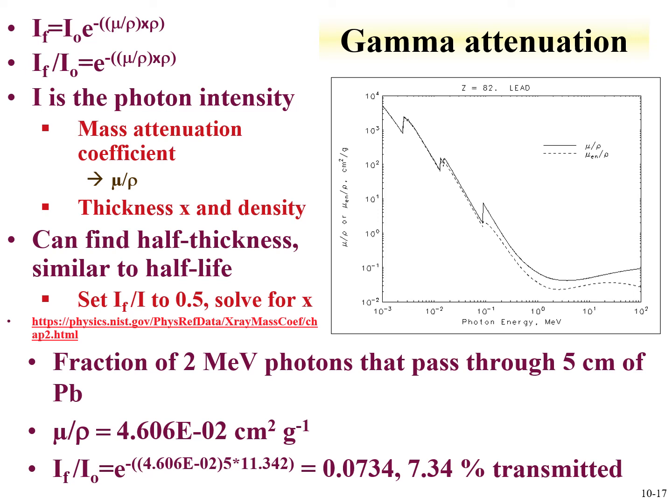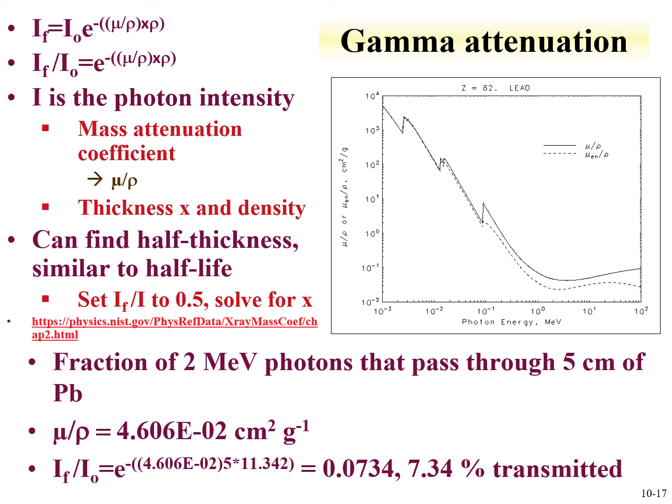One can also discuss gamma attenuation. As we said earlier, you can model the interaction of photons with matter as one does with UV-visible spectroscopy, using Beer's law. The equation says the final photon intensity is equal to the initial intensity times e to the minus the mass attenuation coefficient times the thickness of the material times its density.